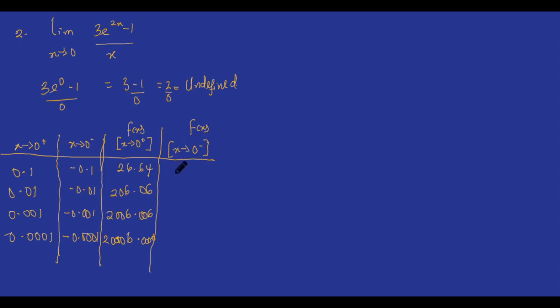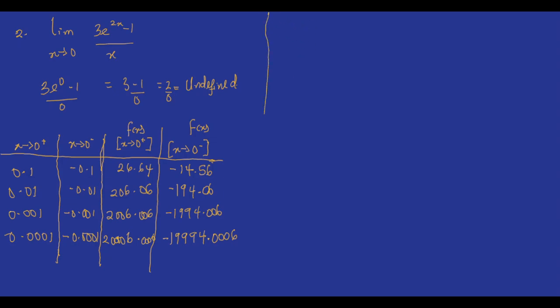In the case of x tending towards 0 from the left, we also have minus 14.56, minus 194.06. We have minus 1994.006 and minus 19,994.0006.